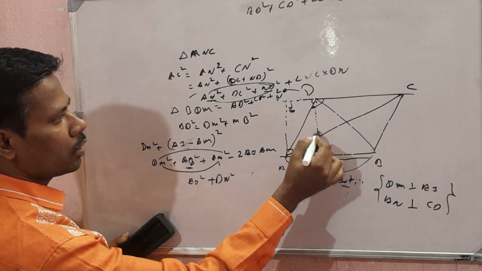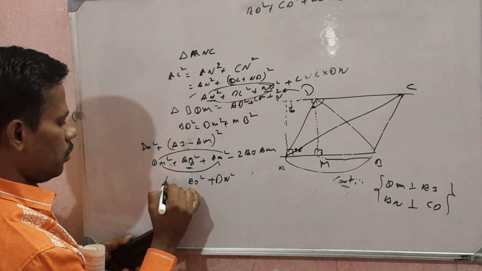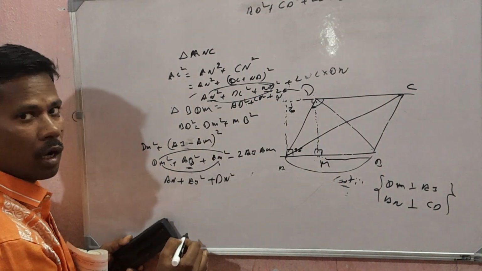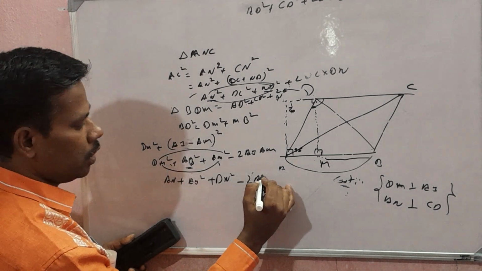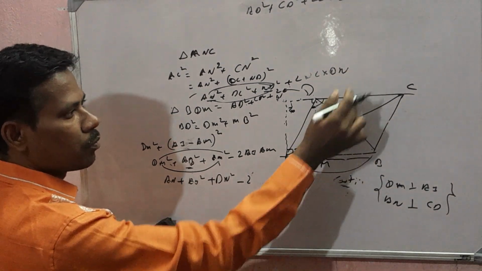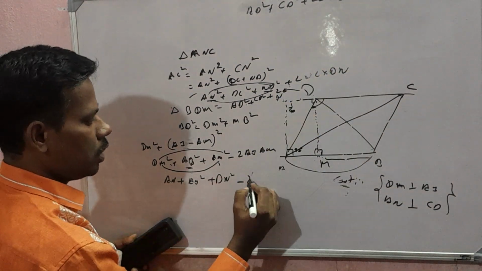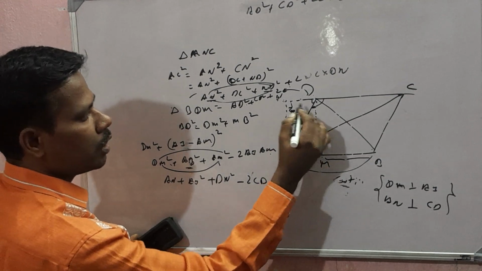DM is nothing but AN, minus 2 times AB. This AB is nothing but CD, since in a parallelogram opposite sides are equal. AM is nothing but DN.